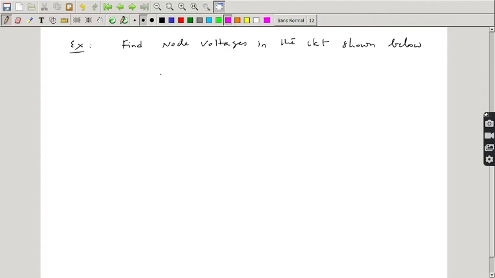Take the circuit here: a resistor connected in series with a source, again a resistor, again a resistor, and a current source. The values are 4 volts, 1 volt, and one more voltage source of 2 volts, plus minus. This is a 2 amp current source, and here that is 10 volt.